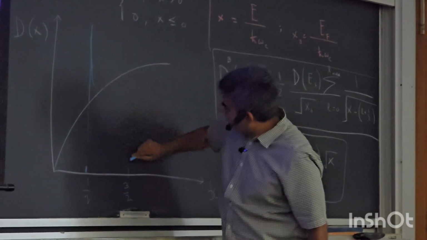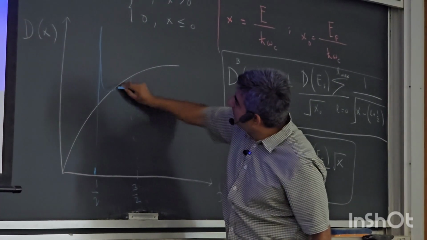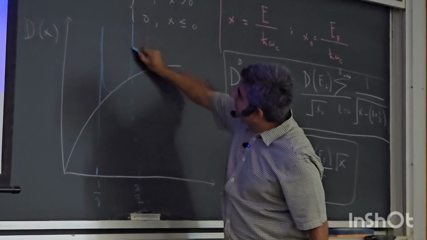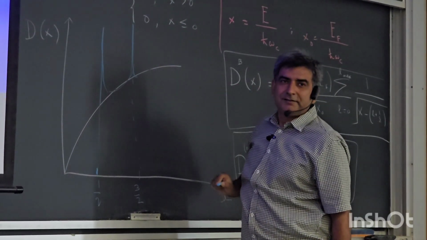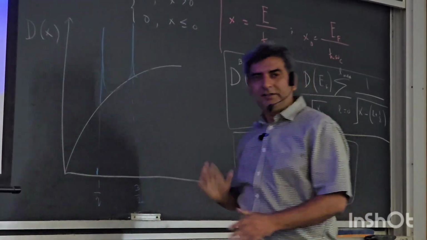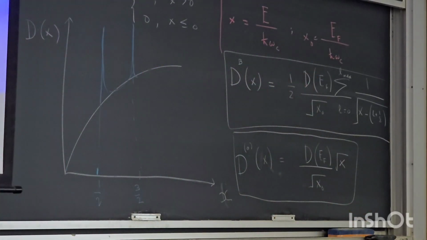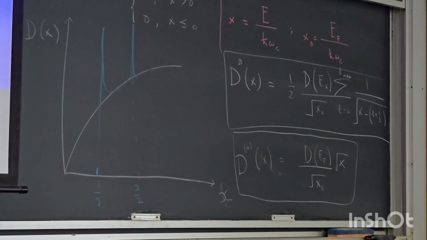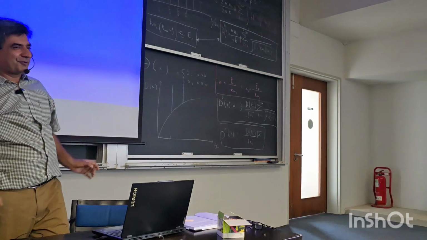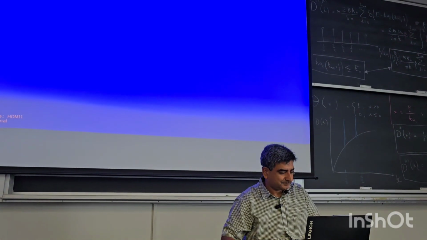So the second peak hypothetically must go like this. So the density of states should now be these, not Dirac delta functions, but peaks riding on top of the three-dimensional structure. Let's see if that is really the case.